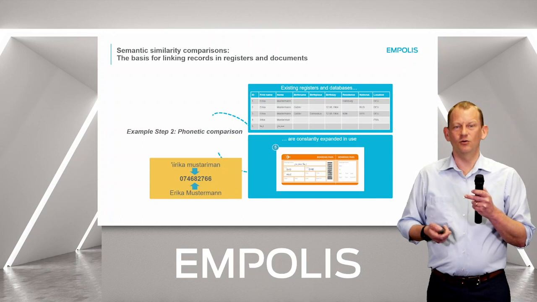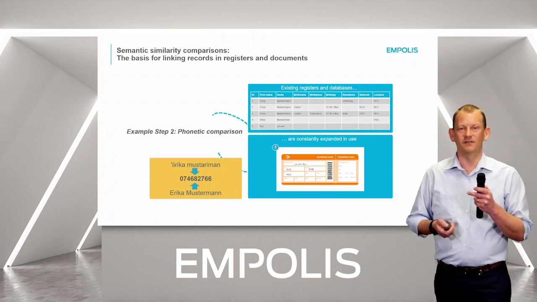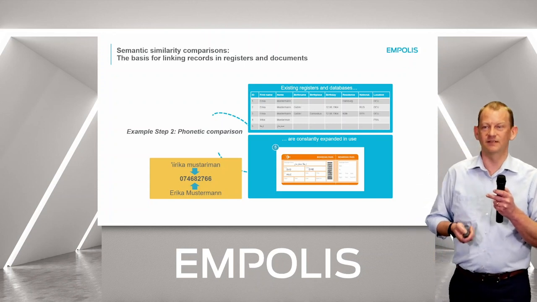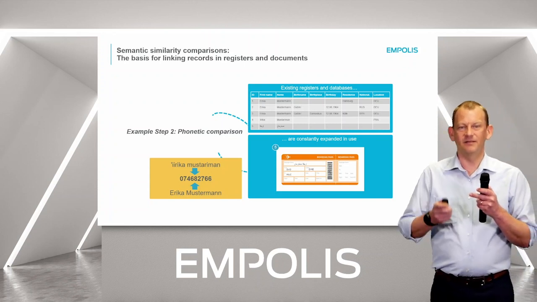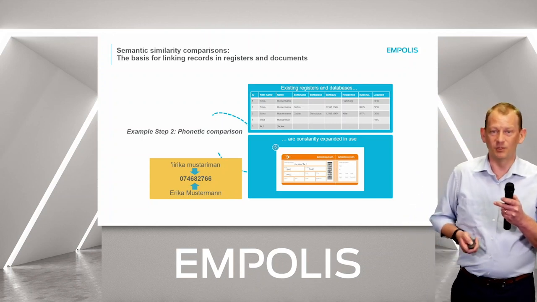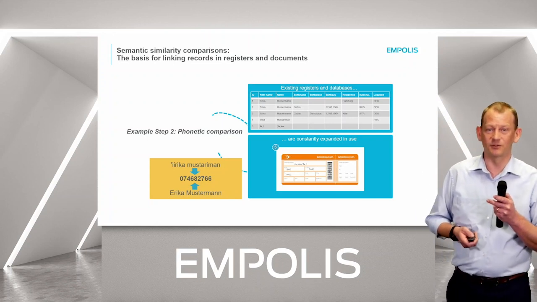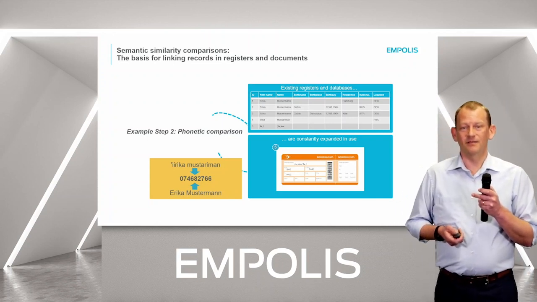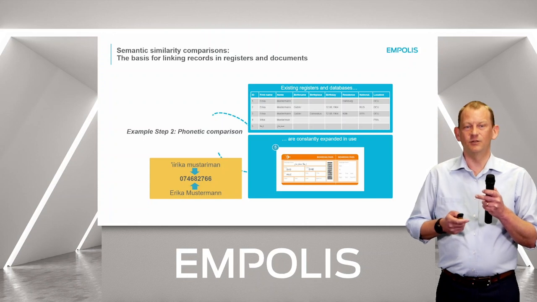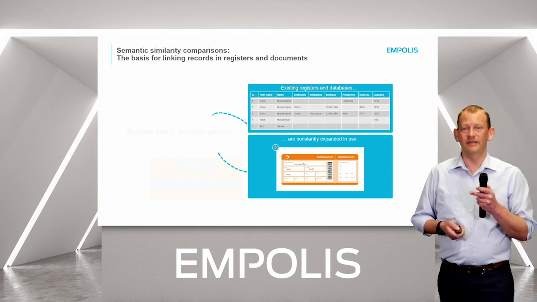So the phonetic code of Erika Mustariman is 074682766. And this is identical to the phonetic code of Erika Mustermann, a name we know from a lot of example documents in German. Thus, the data set is initially equally similar to all existing entries. Next step.